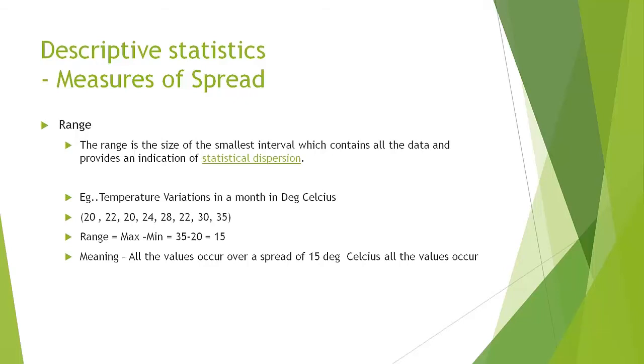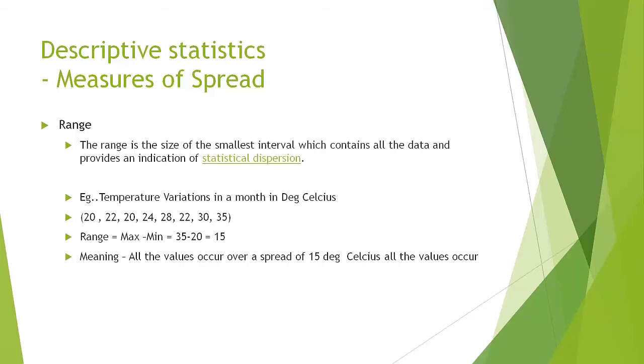So the interval is 40 to 100, and the value of the range is 60. This is the interval in which you can map the marks of all the students. So the range is 100 minus 40, that's 60.